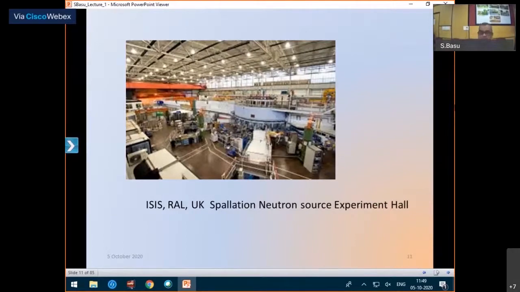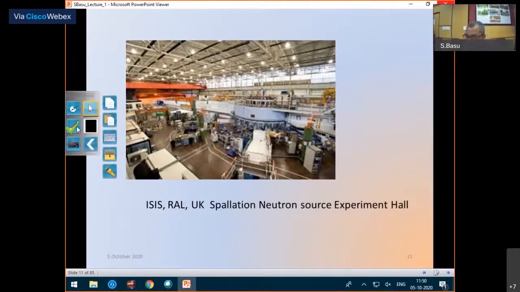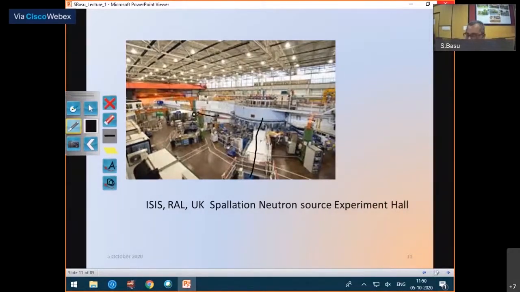These neutrons are born with very high energy, and they are brought down in energy using a moderator, similar to a reactor. This pulsed neutron beam is sent to different experimental facilities. For example, you can see one beam line here, one beam line here, one beam line there.